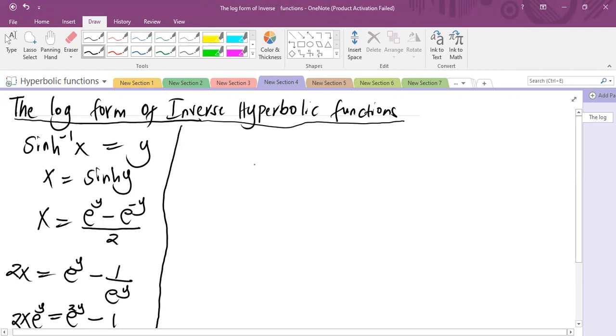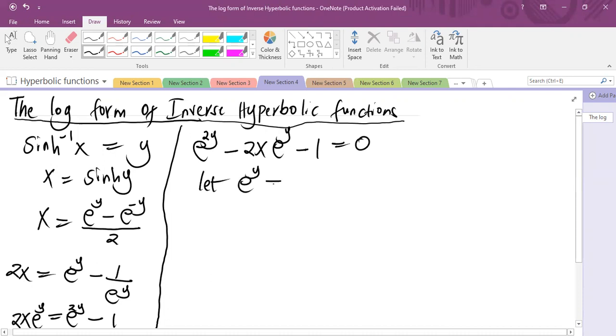Now this forms a quadratic equation, so I would like to rearrange it so that we can see. We have e^(2y), bring 2x e^y to the other side of the equation, so we have e^(2y) minus 2x e^y minus 1 equals 0. If we let e^y be equal to some p, we will have p squared minus 2xp minus 1 equals 0.